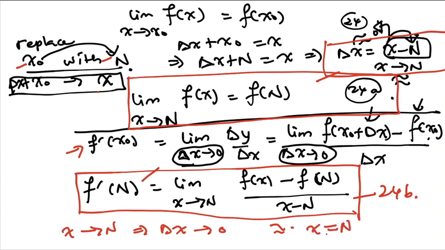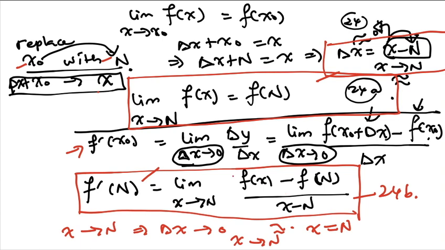No, it just approaches n. Why do we have to emphasize this? So that when x approaches n, x minus n is not equal to 0. That is very important. When this is not equal to 0, it allows us to write something like this.